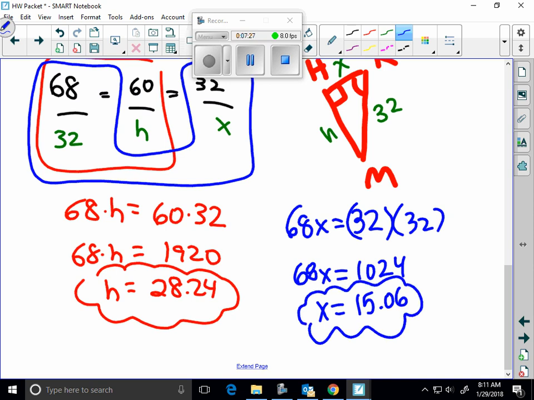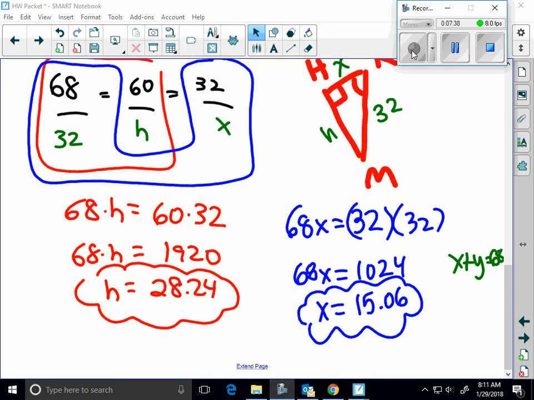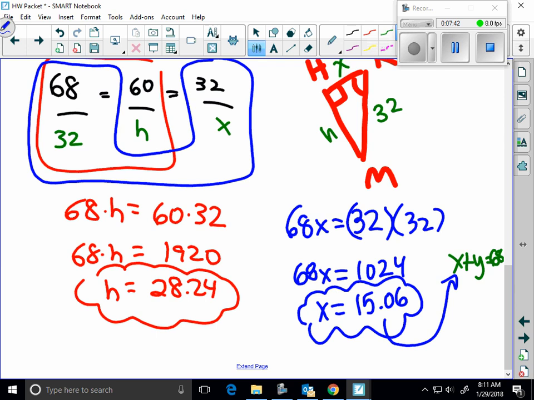Okay, so then y, remember that x plus y equals 68. So we would plug in. So then what we would do is we'd take this 15.06, plug it in for x, subtract that from 68, and we'd get y. That's an involved problem, you guys.